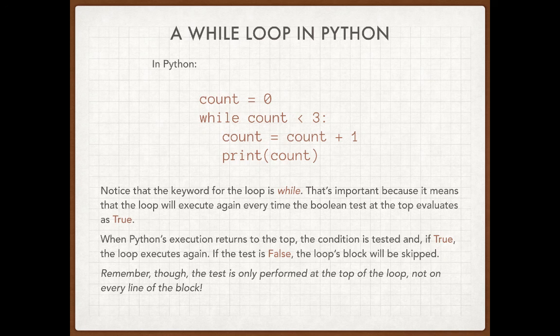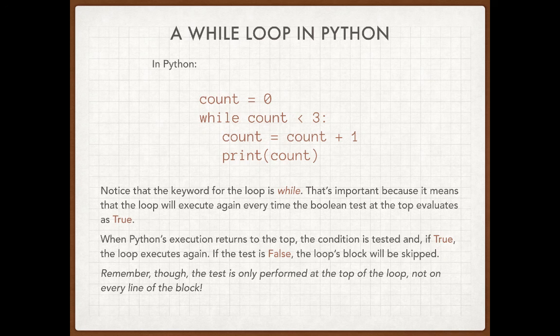In other words, that Boolean test is executed only at the top of the loop. And so if it goes false somewhere in the block or the suite, Python won't know that until we return to the top. And when we return to the top, that is when Python will notice whether it's true or false. And if it's false, we'll skip the rest of it.